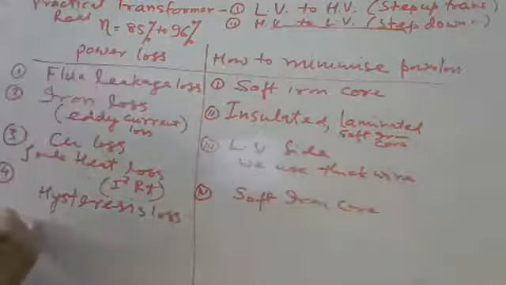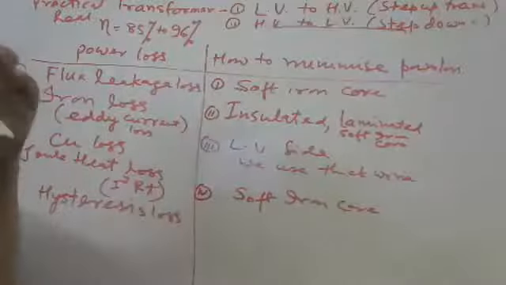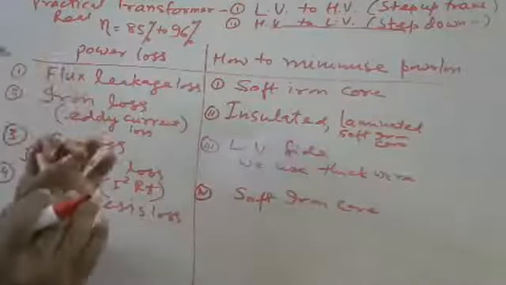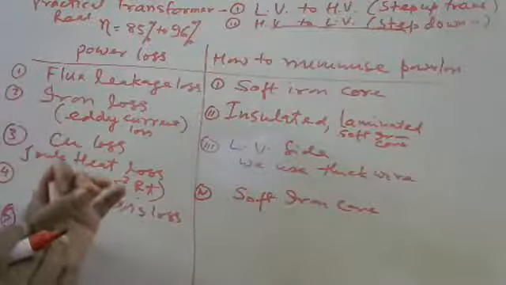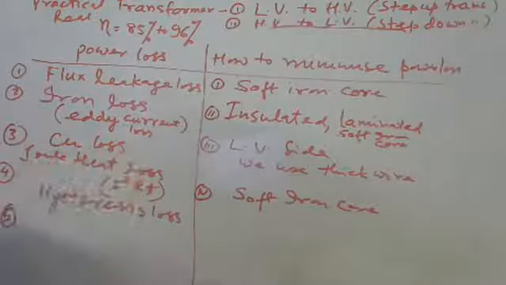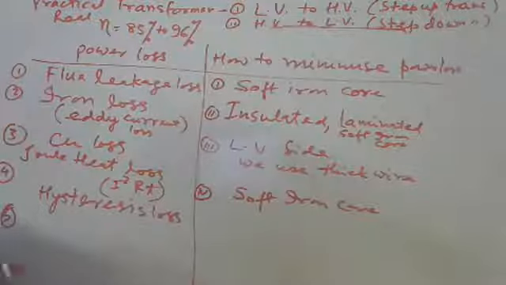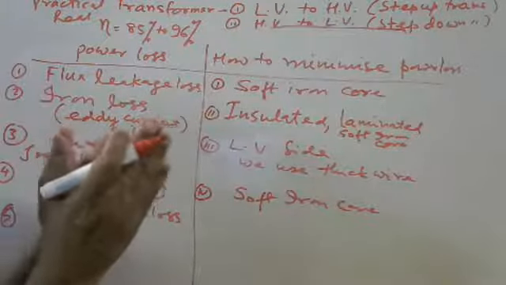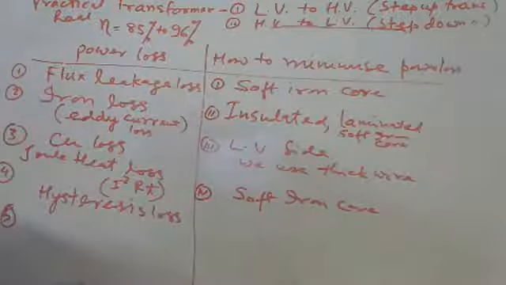But there is more loss. Suppose laminated plates are there. If we fix them with nuts and bolts, they vibrate. Even if the gap is very thin, even then vibration is there. So a sound comes, because the plates are vibrating and touching each other, and this is mechanical loss.